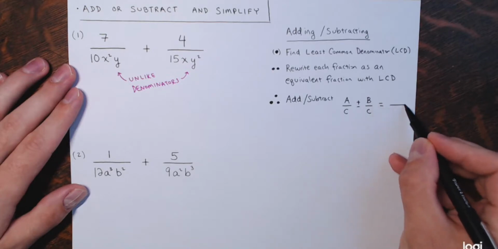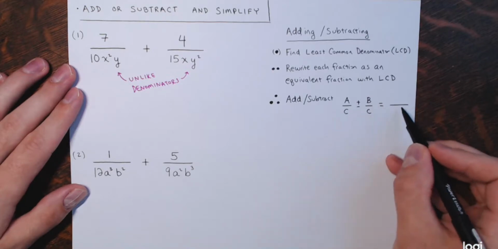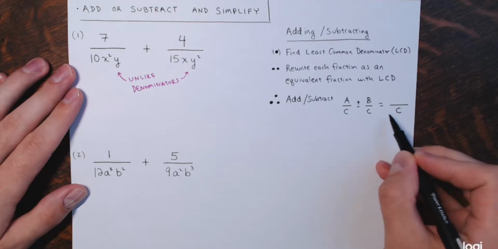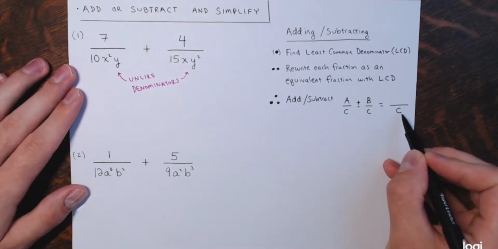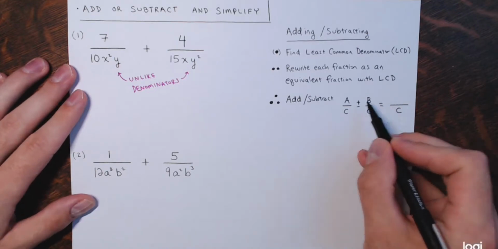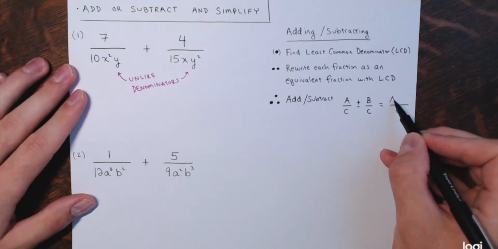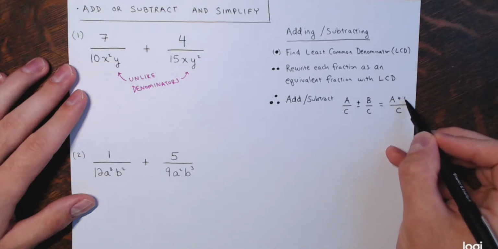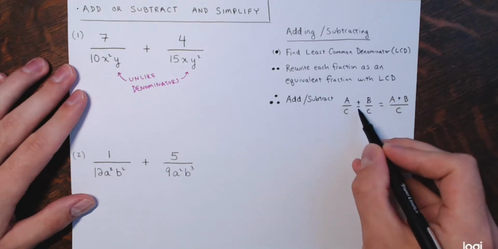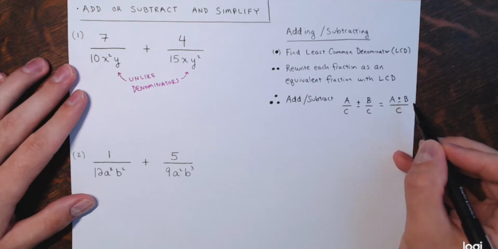That common denominator, c, is also the denominator of the sum or the difference. It's just the numerators you combine. So if you're adding, the numerator would be a plus b. If you're subtracting, the numerator would be a minus b.